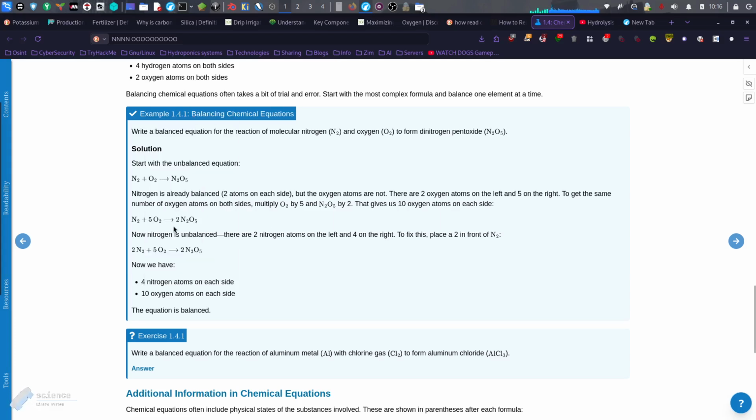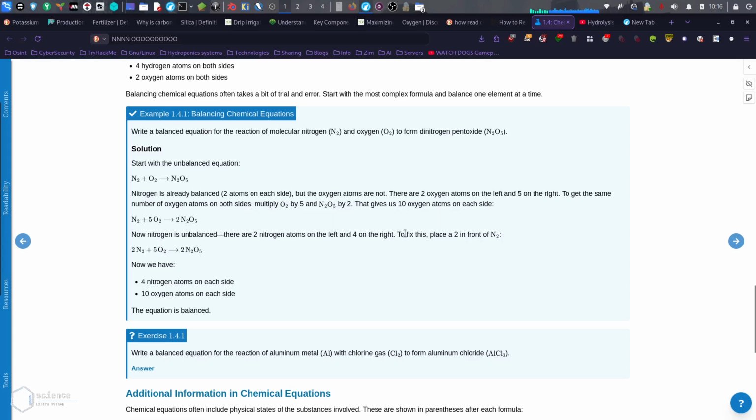No, I skipped this section. Now nitrogen is unbalanced. There are 2 nitrogen atoms on the left and 4 on the right.